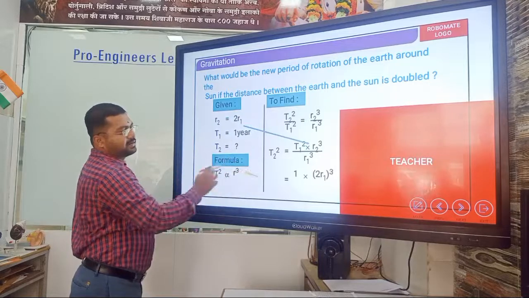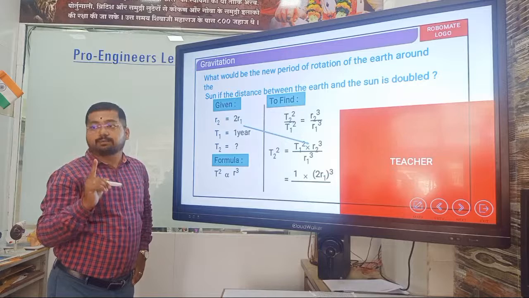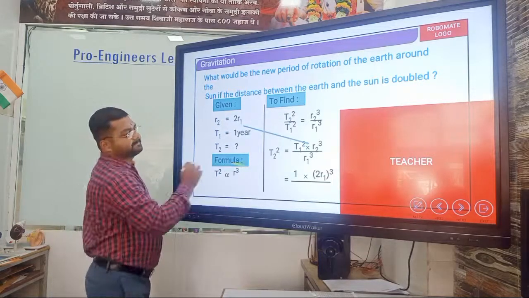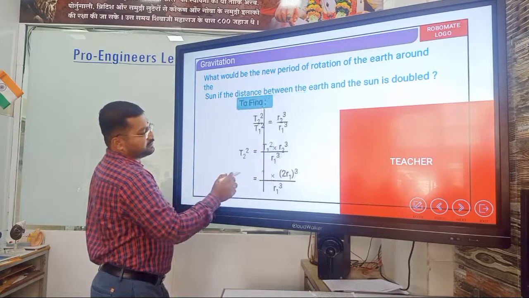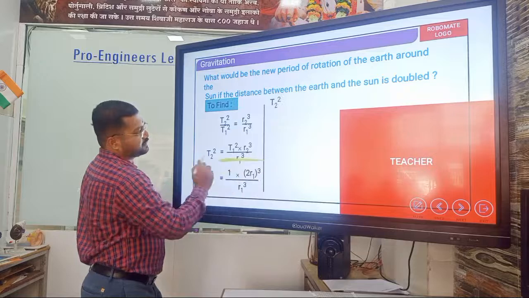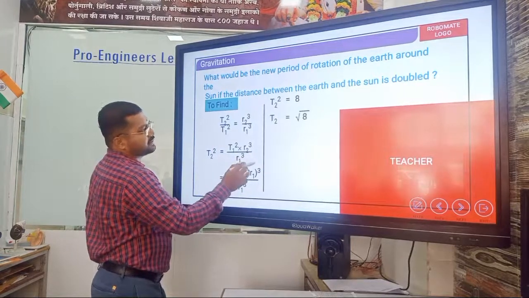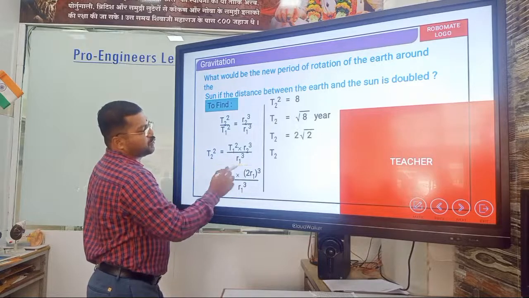T1 is 1 year, right? Yes. The complete revolution of Earth is 1 year. So T2 square is 8, under root of 8, that is 2 root 2.